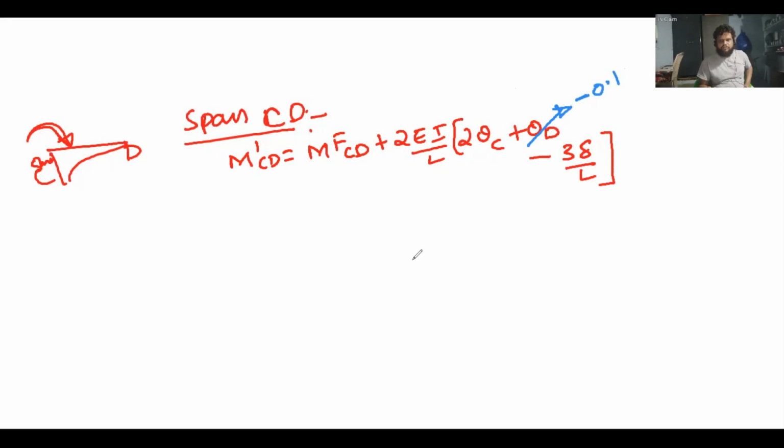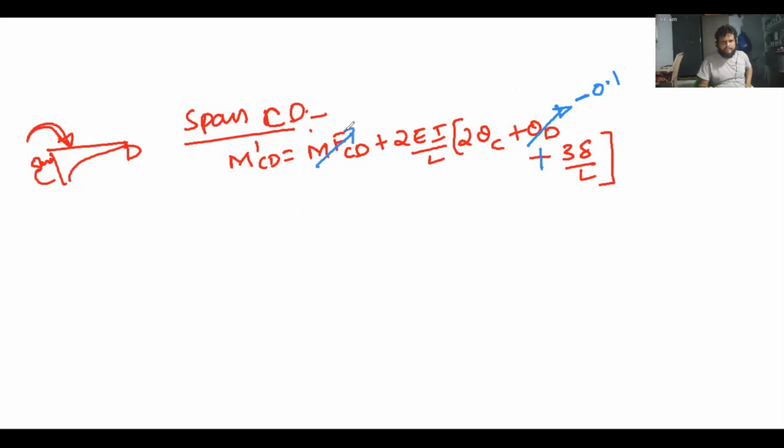In the question I told you there is a rotation at support D, that is an anti-clockwise rotation. So you have to replace it with minus 0.1. And this delta now, what type of moment is required here? Positive moment. Positive moment is required to create this 5 mm.